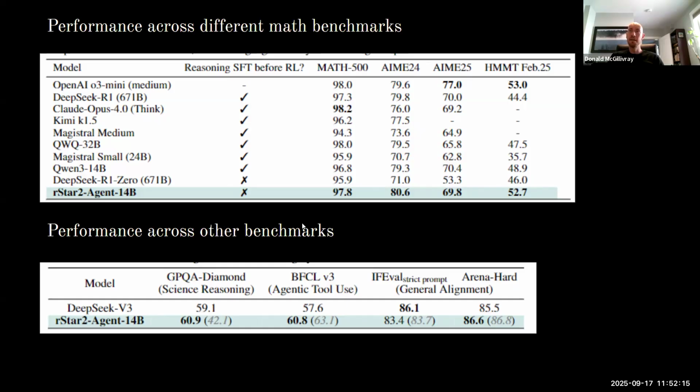So maybe the type of tool specifically might take the agent over the performance bump, but yeah, a direction that's left for exploration, I guess.